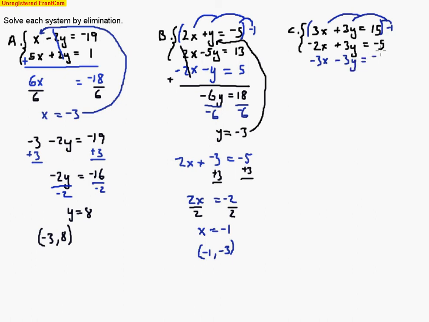And this all equals negative 15, because 15 times negative 1 makes negative 15. So all the signs switched on that top equation, which allows me to add these together to cancel out this y term. See, those are the same number but opposite signs, so they will cancel.